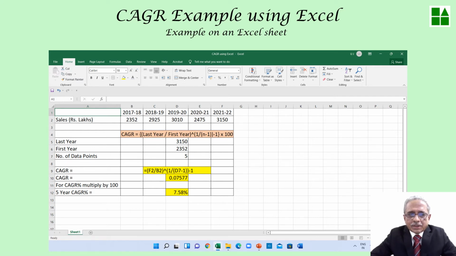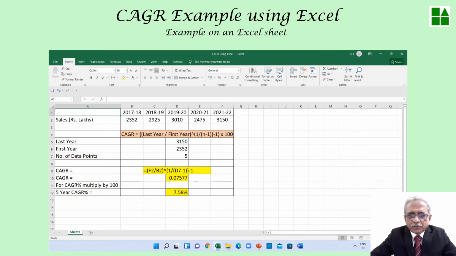So if you see the column C and the row 9, there is a formula which says equals into bracket F2 divided by B2 raised to the power of 1 divided by D7 minus 1 in the whole bracket minus 1.